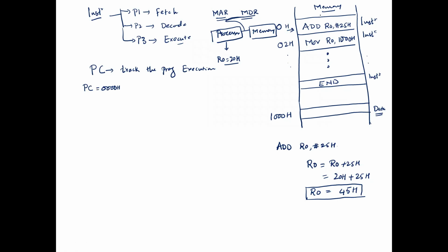But still, it cannot retrieve this instruction directly from the memory when the PC value is 0. So what will it do? It will copy this address into MAR. Once MAR holds this address, it will point to the 0th memory location.